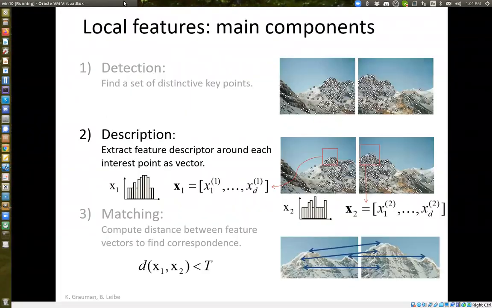Let's continue with what we ended last time. A quick review: we are trying to explain SIFT, a local feature extractor method.